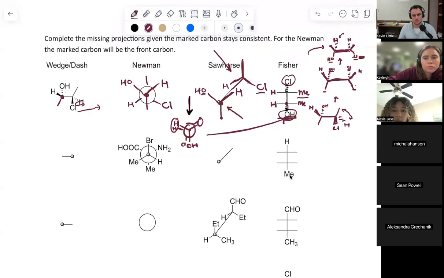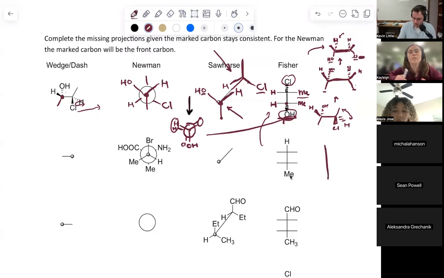What do you mean? Like, will the wedges always be on my right and my dashes will always be on my left? No. It depends on how I ask it, right? So this is the correct Fischer projection for this one, right?